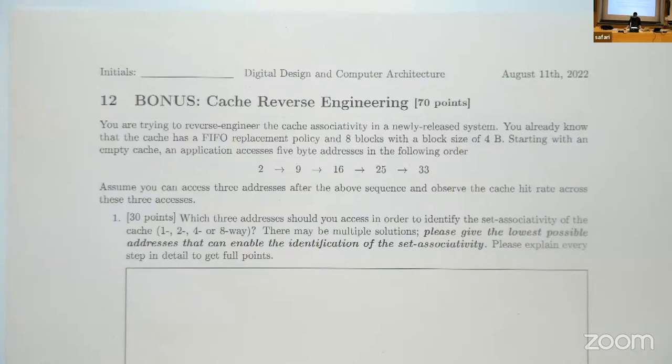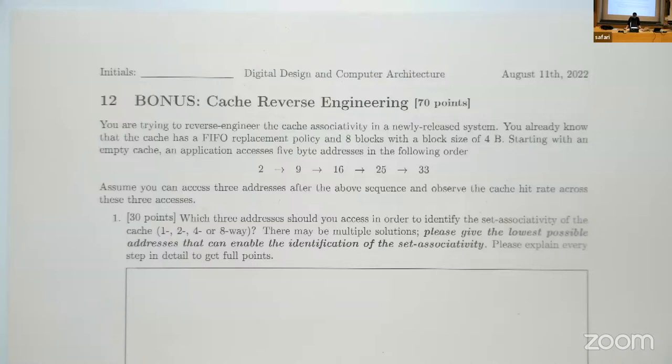So this was the last question in the exam last year. The question is about cache reverse engineering, and it's a pretty long question, but with the right technique, you can solve it easily. The question goes like this: you are trying to reverse engineer the cache associativity of a new release system.